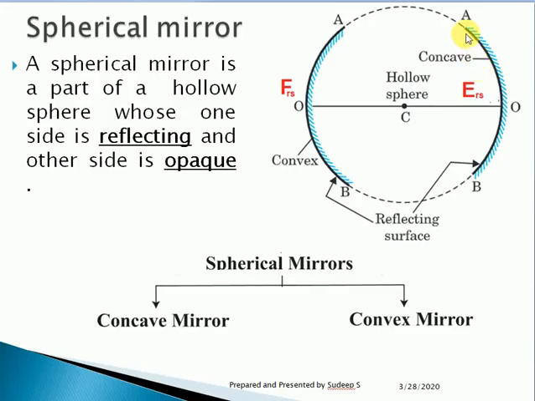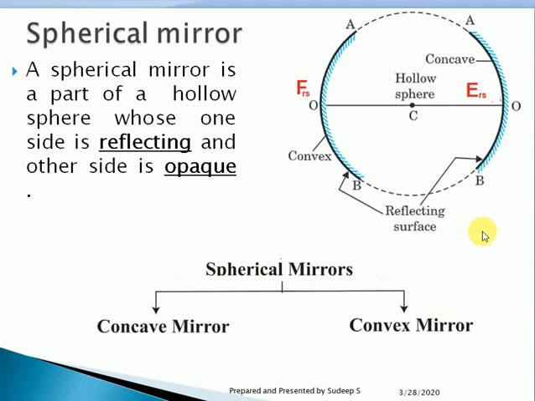So in case of convex mirror, the outer end becomes the reflecting surface. In case of concave mirror, side E indicates the reflecting side while the other side is opaque, while in case of convex mirror, side F indicates the reflecting surface while the other side is opaque.